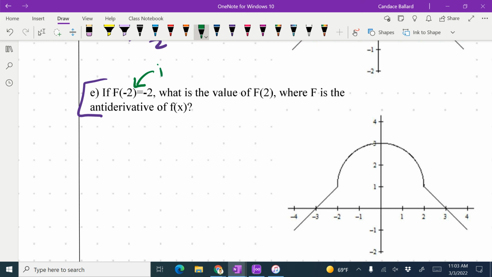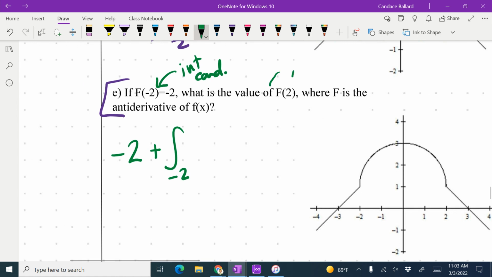That's your initial condition. That means when I integrate, I'm starting with a value of negative 2. The bottom x value of my integral also happens to be negative 2. What is going to be the value of the upper bound of my integral? It's going to be 2, right? We're getting it from right here. And then it's f of x dx.